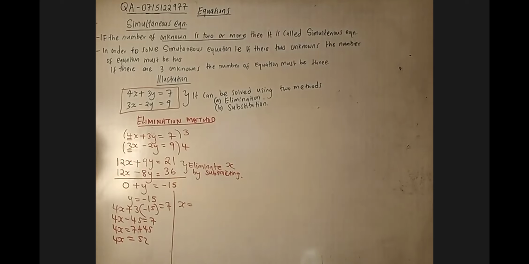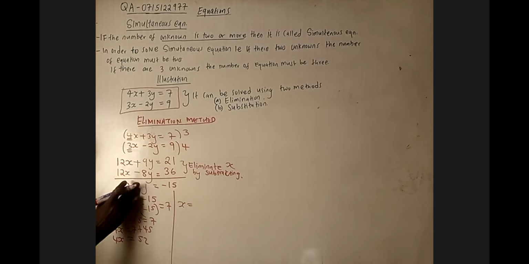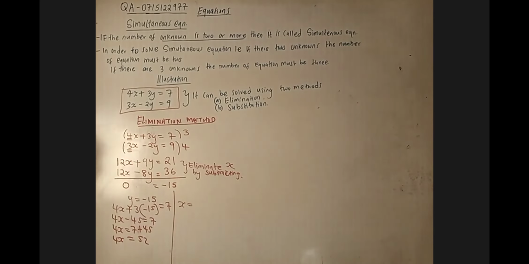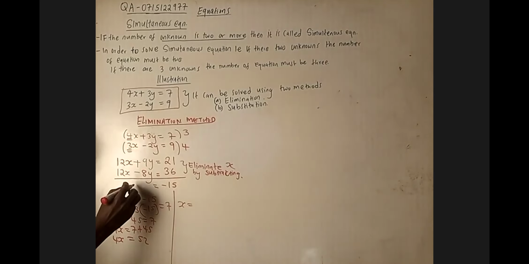17y imetoka wapi? 17y. Okay, so 9 minus... okay, so this is supposed to be 17y, so it is equal to plus 17y.